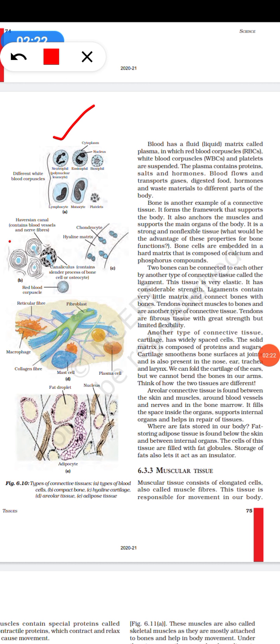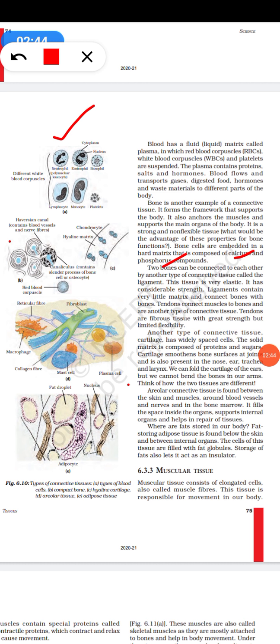Ribs, for example, protect the heart. Bone is a strong and non-flexible tissue, and these properties are an advantage for its function. Bone cells are embedded in a hard matrix that is composed of calcium and phosphorus compounds.